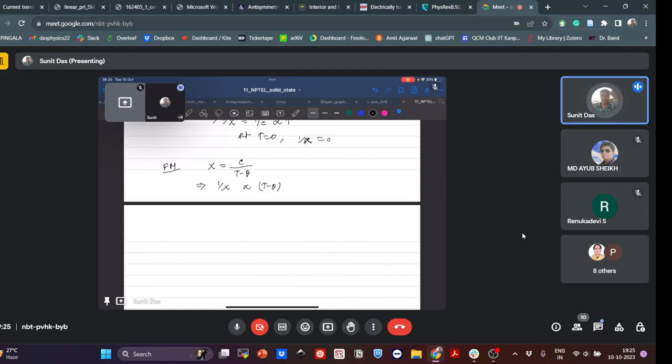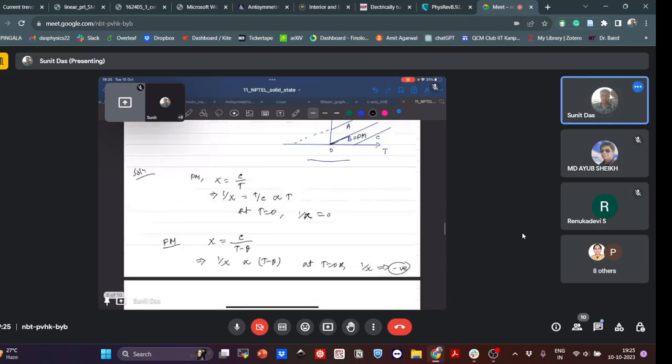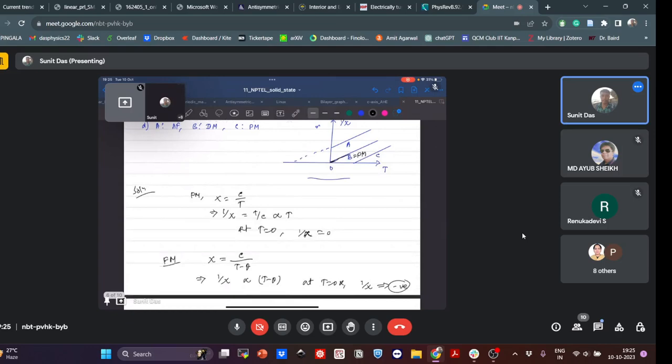So at absolute 0, at T equal to 0 Kelvin, 1 by chi will have some negative value. If we extend this, this will have some negative value, right? So C shows ferromagnetism then.